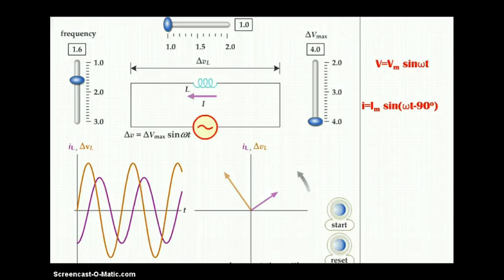This minus 90 degrees is the phase difference between the voltage and the current in a purely inductive circuit. The expression for Im is similar to Ohm's law, but it's not R here. It's Vm over ZL, where ZL represents the reactance of the inductance.